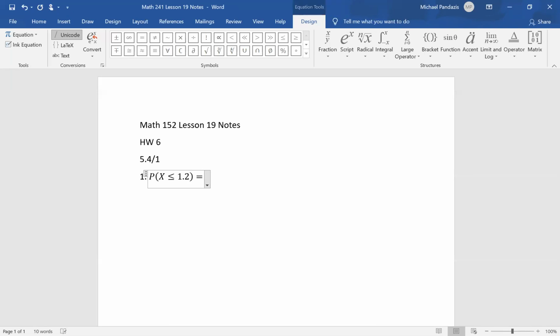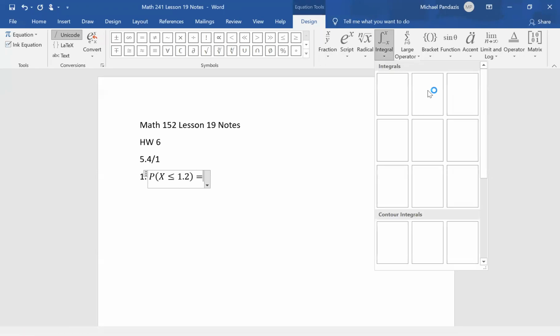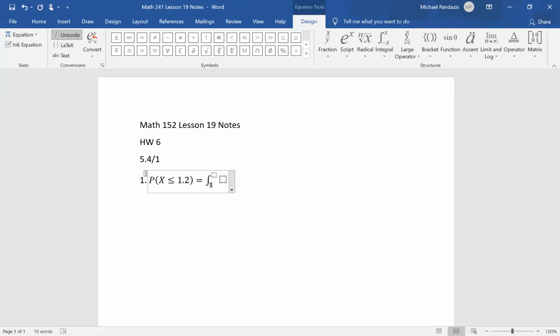So this probability is equal to the definite integral from 1 to 1.2 of the function 2/3 x dx.